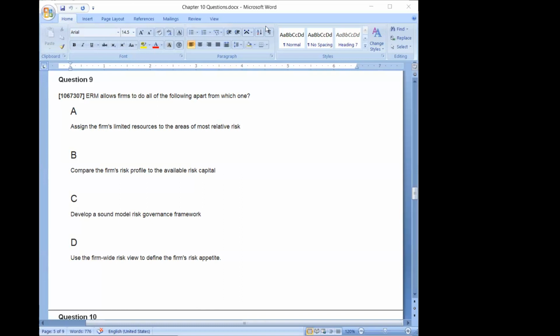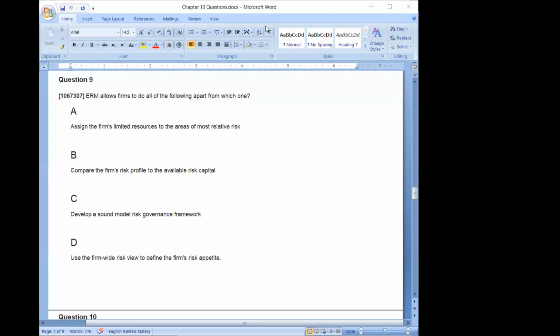Right, I only got one response. Let's see what the question is. ERM allows a firm to do all of the following apart from which one? Assign the firm's limited resources to the areas of most relative risk. Compare the firm's risk profile to available risk capital.